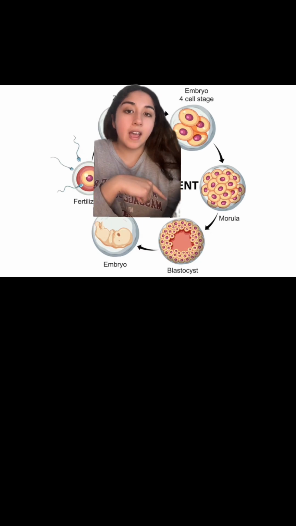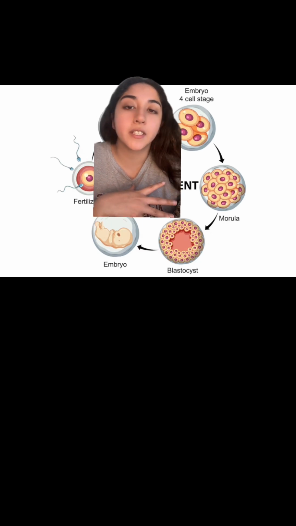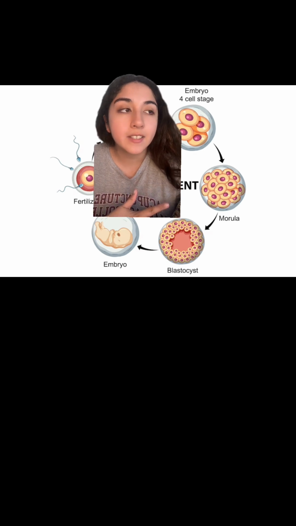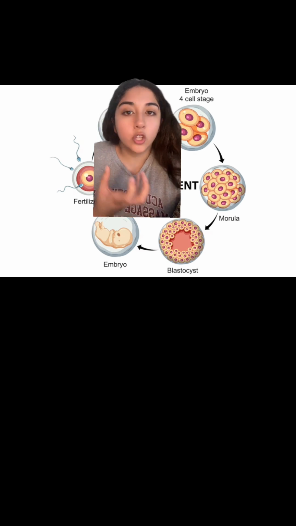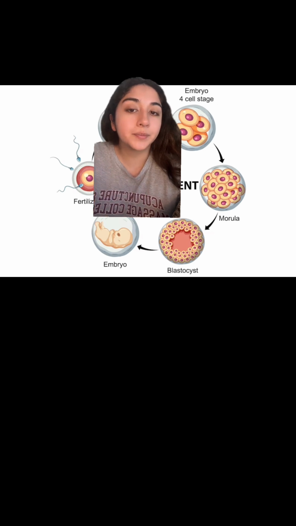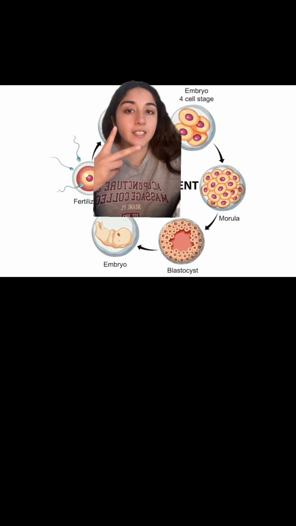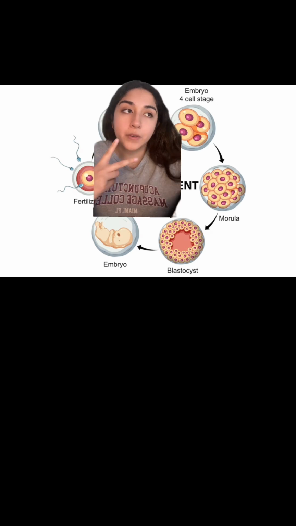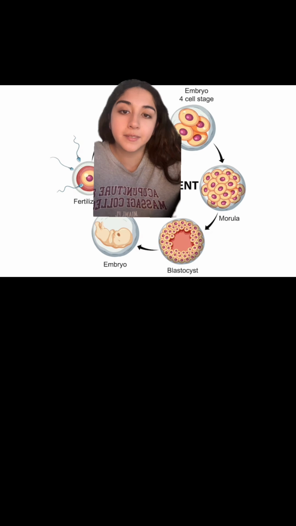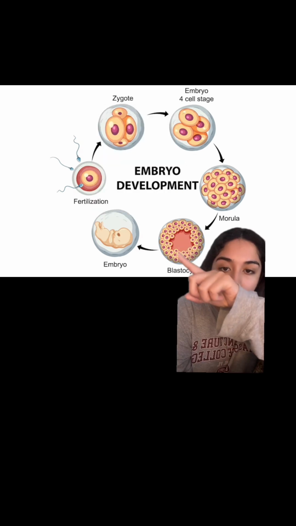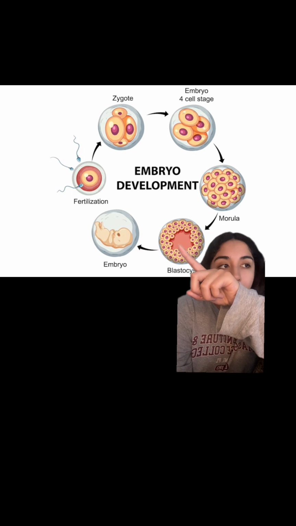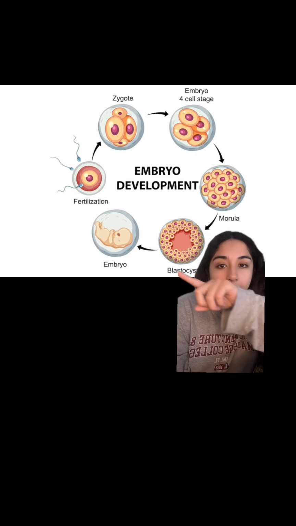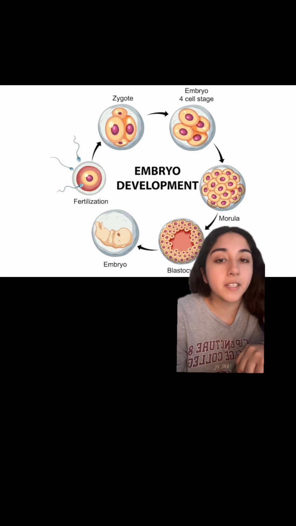By day 5, the morula is going to become a blastocyst, which is a hollow sphere of cells. The blastocyst consists of two main parts. You have the inner cell mass, which is this pink area here, and then you have the trophoblast, which will eventually become the placenta.